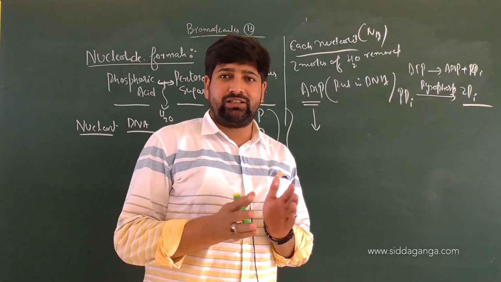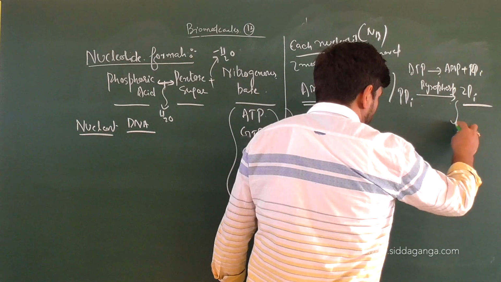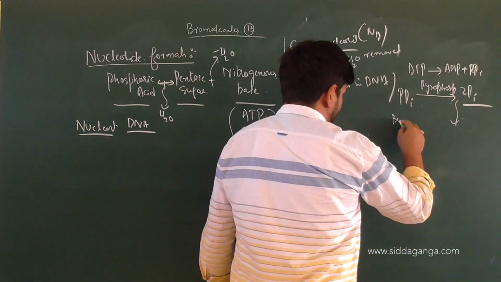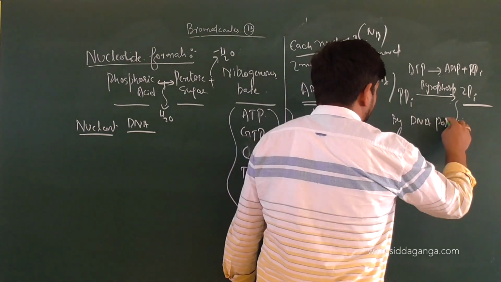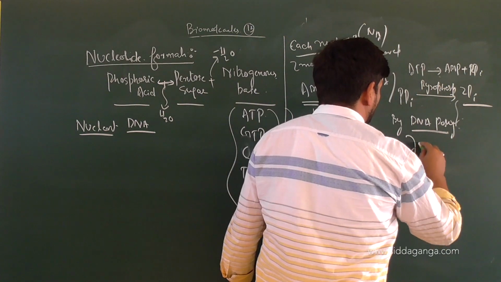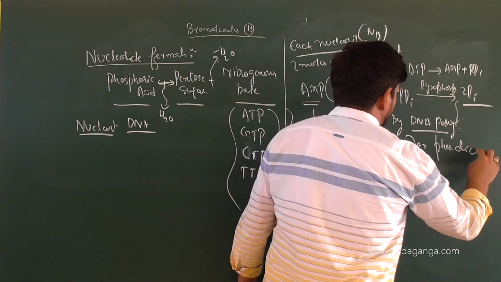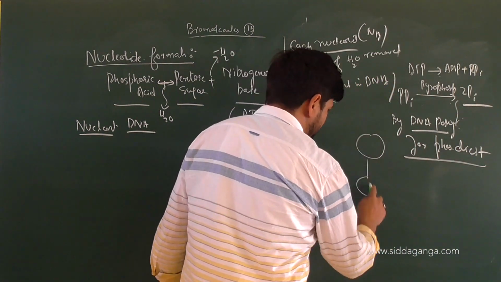Whatever energy is released from there, that energy is released after you break the bonds. That energy is used by DNA polymerase for phosphodiester bond formation, that is, when you are linking one nucleotide with the other nucleotide.